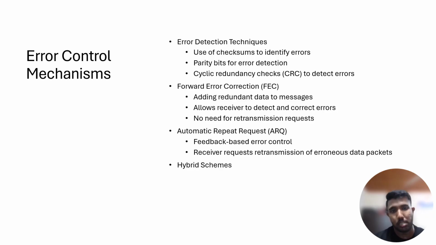Modern wireless systems typically employ hybrid ARQ schemes that combine FEC and ARQ, which means forward error correction and automatic repeat request, adaptively balancing reliability and throughput based on channel conditions.